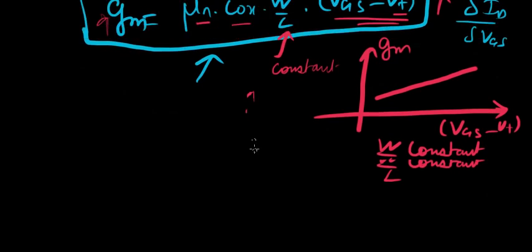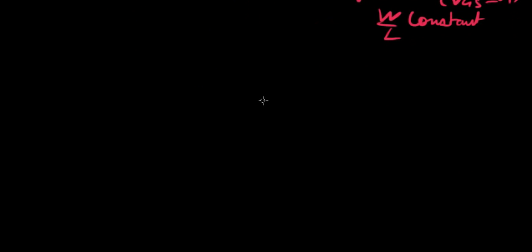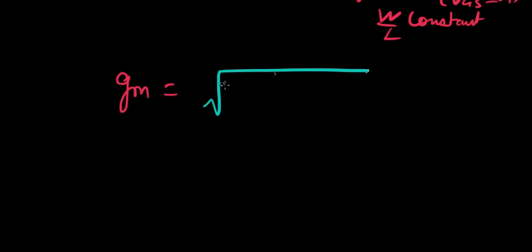I'm going to give you a small exercise, but it's a different form of GM. It is given by root of 2 times mu n times C ox times W over L times ID.